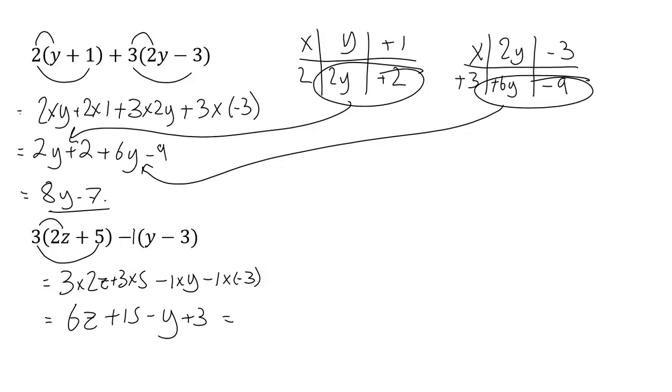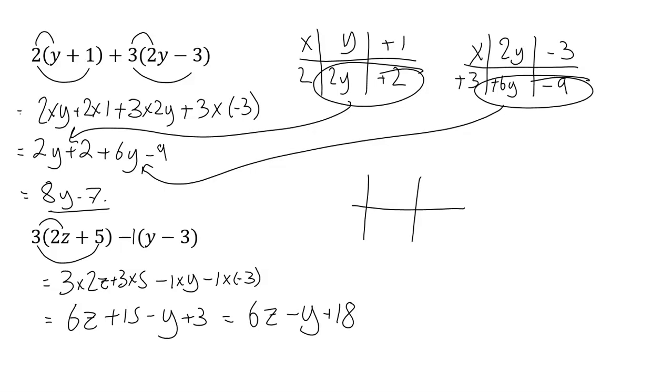When we simplify it, we don't combine things that are different, remember. They have to stay on their own. So the 6z, the minus y, stay on their own. So I'd have 6z take away y and then plus 18. Or I could have negative y plus 6z if we're going to stick with alphabeticals. I personally don't like starting with negatives, which is why I've written it in that manner.